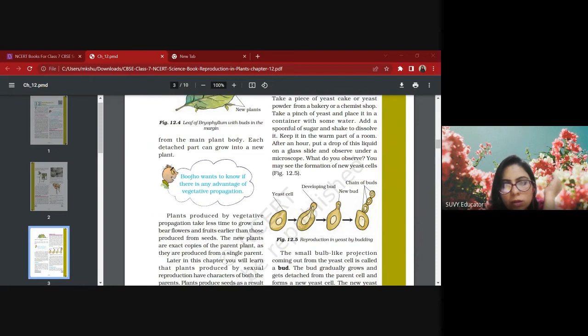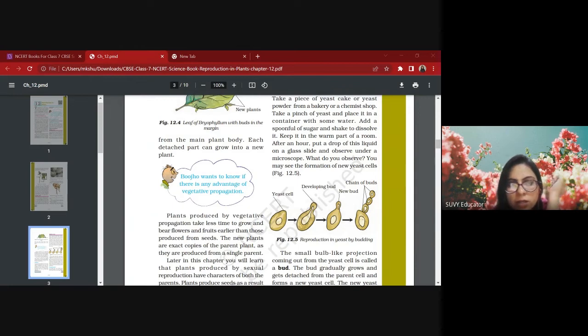Okay. Now again, this outgrowth will develop, and develop. Okay. Now, after some time, on maturation, this portion will cut automatically, and this will develop into 3 new cells.